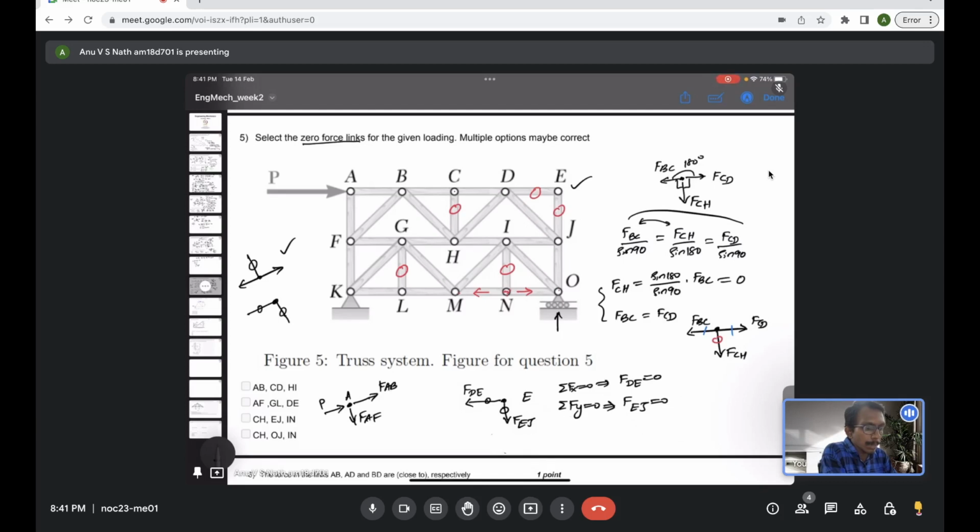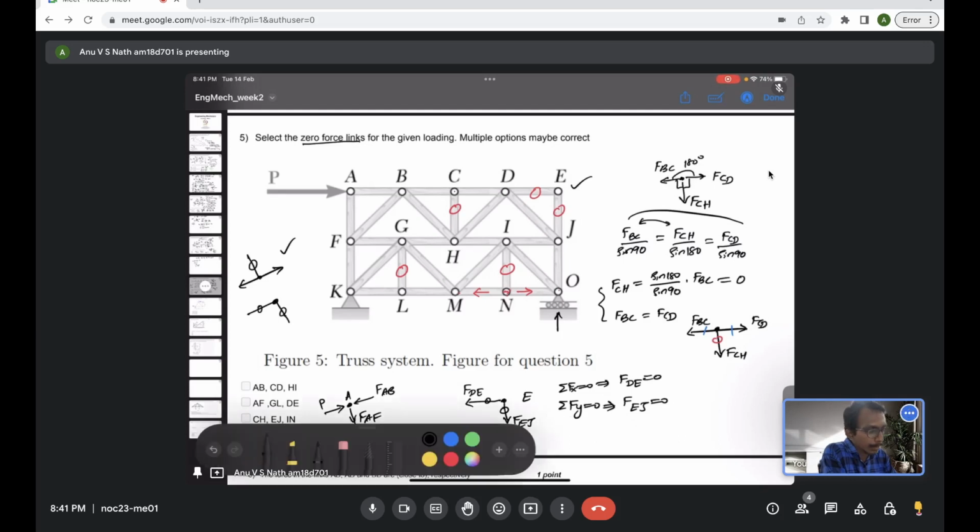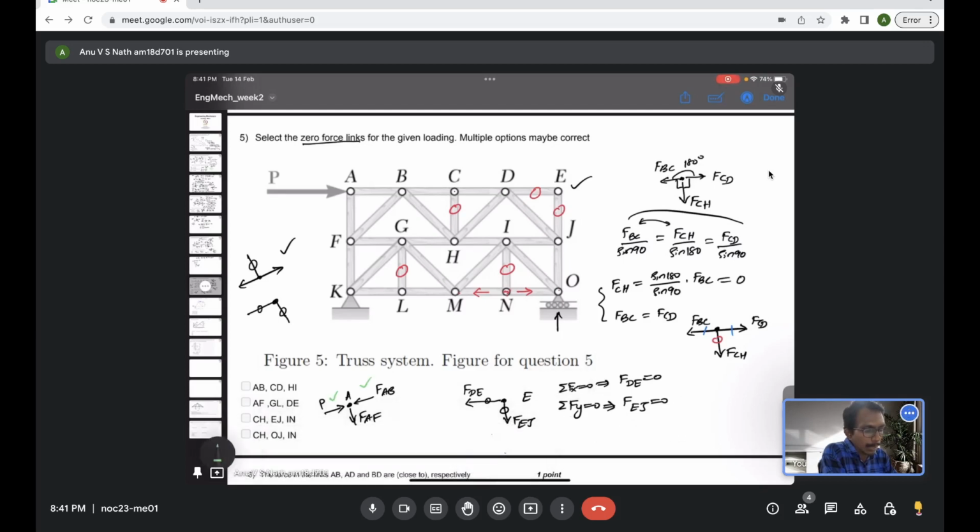the P should be balanced with FAB. The external load P should be exactly equal and opposite to FAB. I have drawn it the other way, but it doesn't matter. The magnitude should be equal and direction should be opposite. That's all. So FAB should be equal to P, and FAF should be 0, because there is no vertical load acting at A to balance.